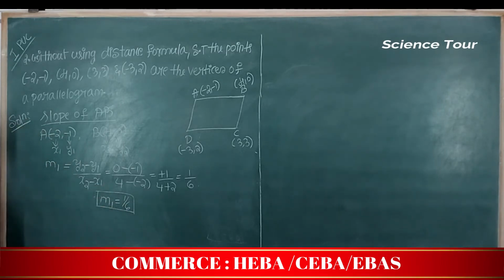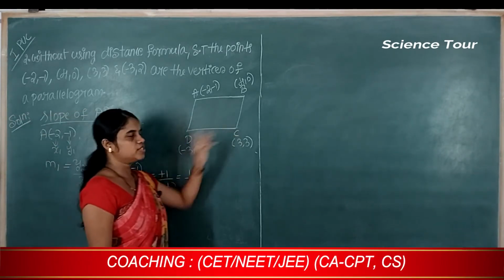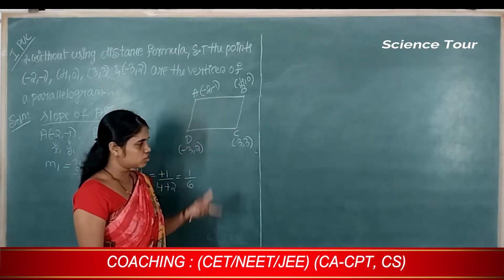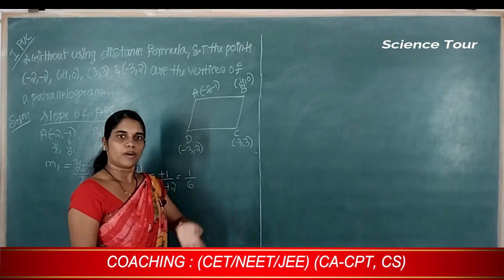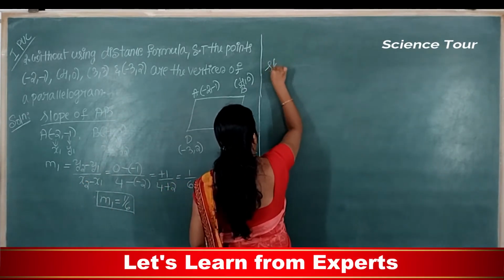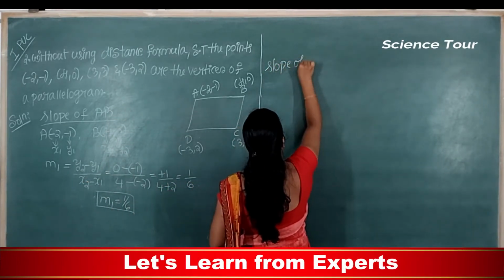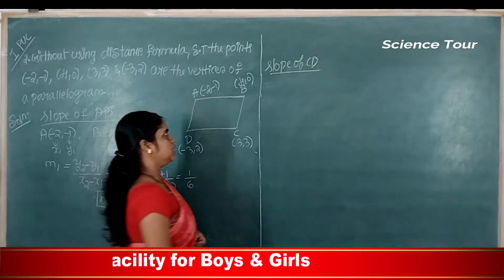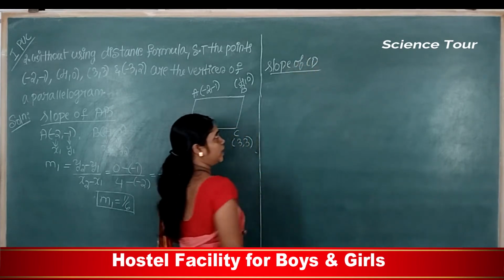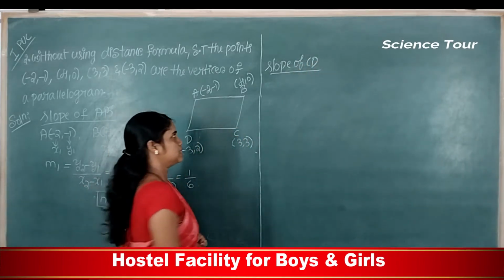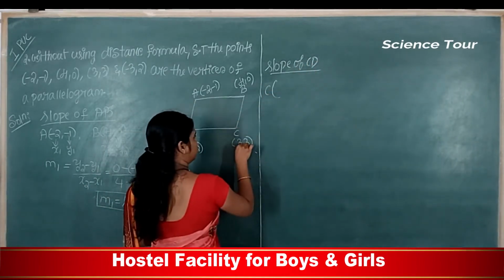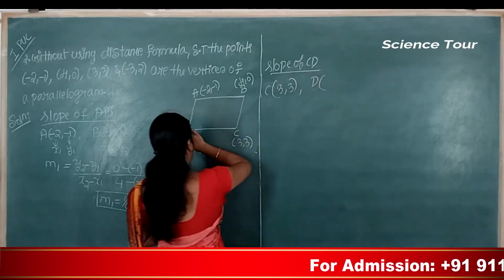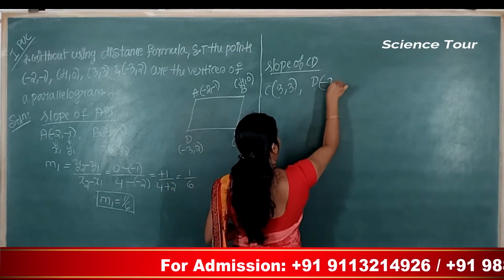By the same way I'll calculate the slope of CD, because which side is opposite to AB? That is CD, isn't it? While calculating the slope of CD, which 2 points do I have to consider? Point C as well as point D. What is the coordinate of point C? 3, 3. And point D? Minus 3, 2.